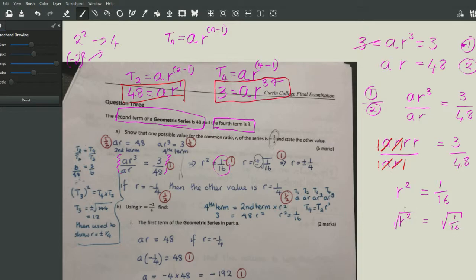If you undo something, if you apply a square root, you end up with the possibility of the answer being positive or negative. We end up with r here equals positive or negative square root of 1/16.